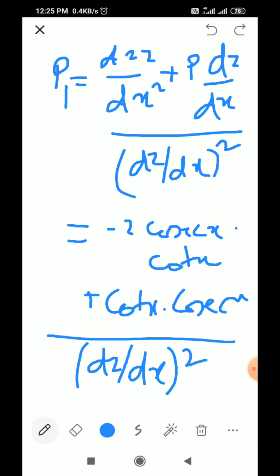So it is clear that this is positive, this is negative, both cancel. So this is equal to 0.